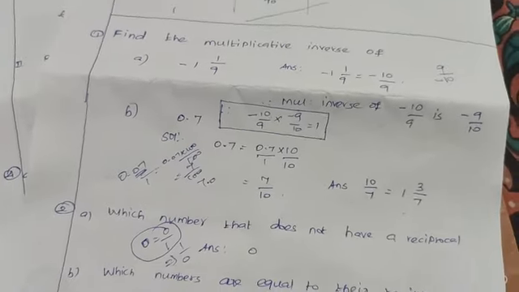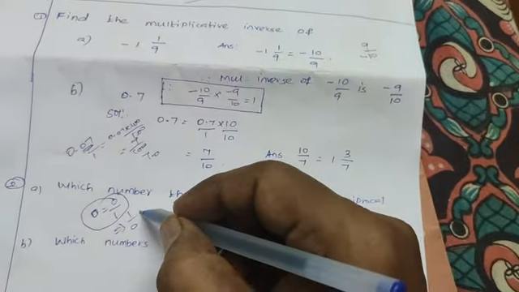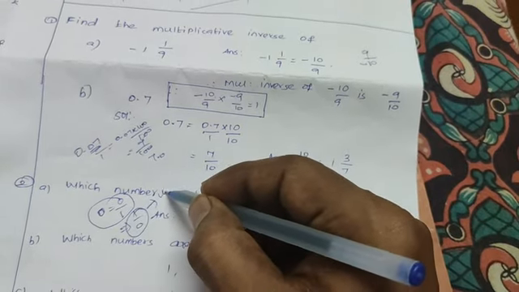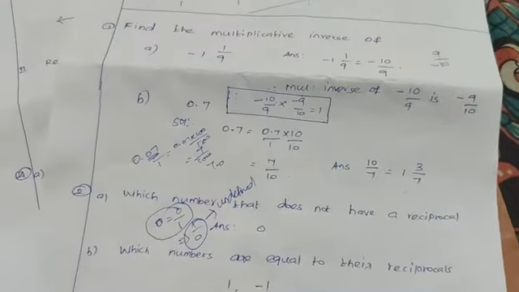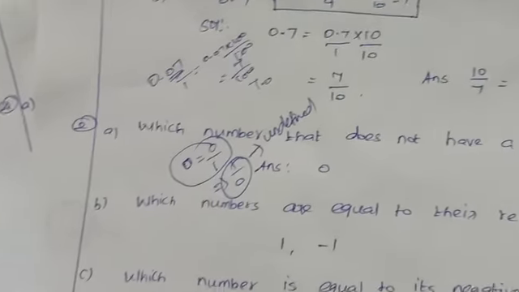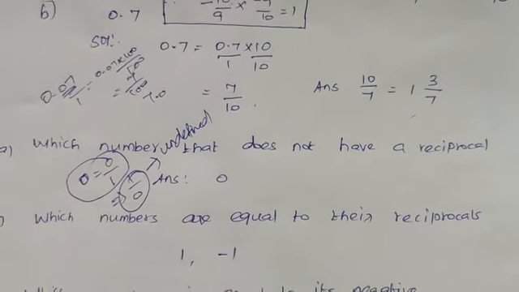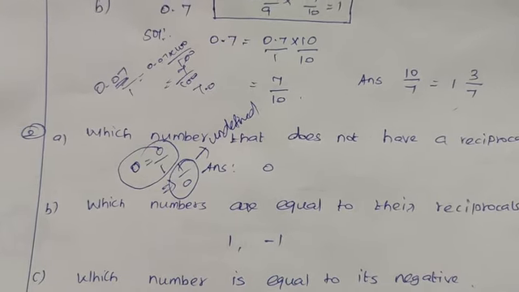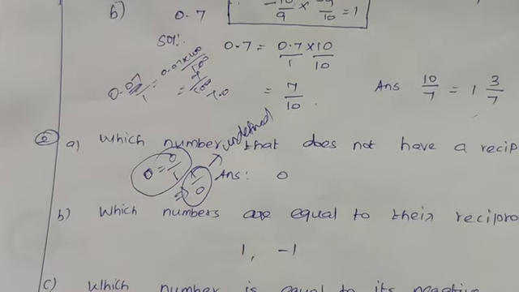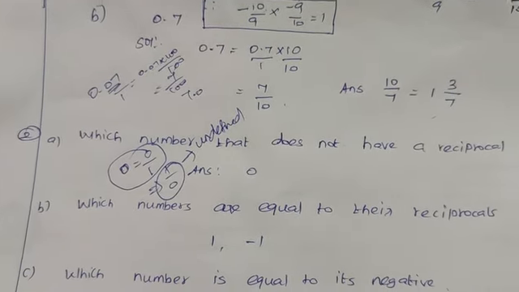Any number divided by 0, the answer is undefined. Such a number does not exist. So we can tell 0 does not have a reciprocal. So the answer is 0. Like that you can frame your own questions also.